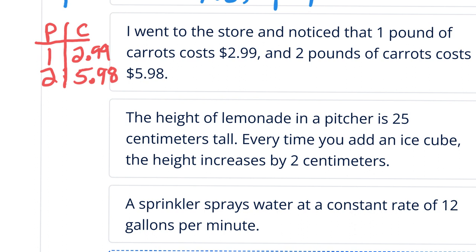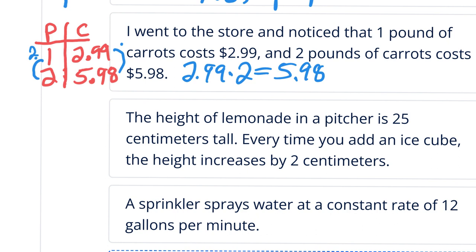I noticed a lot of students using this scale factor method, so they multiplied this by 2. So then they said, well, all I need to do is make sure that $2.99 multiplied by 2 will equal $5.98, and it does. So it is proportional.